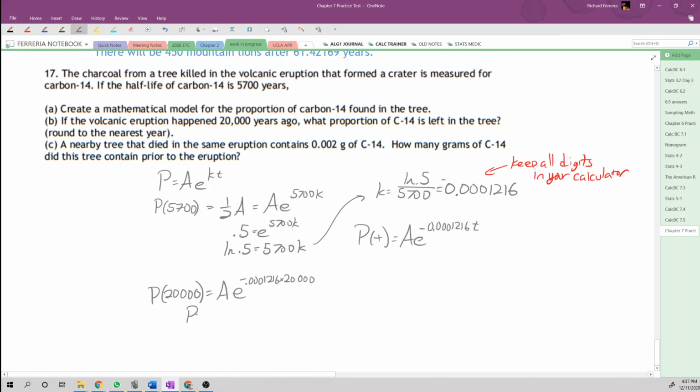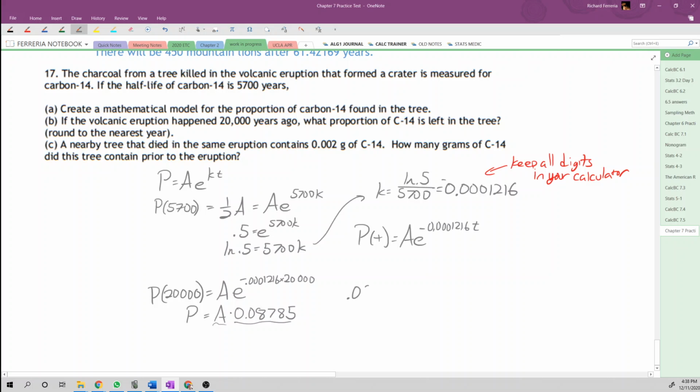So the proportion is equal to, and let's multiply that out with our calculator, 0.08785. And this says that this is a proportion of the original amount A that's left.